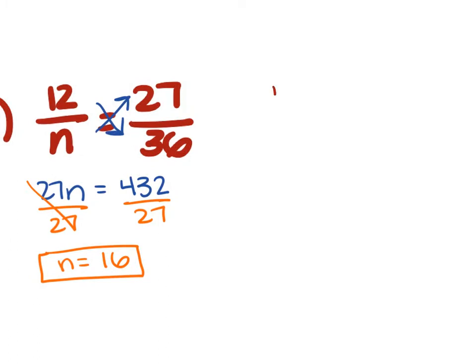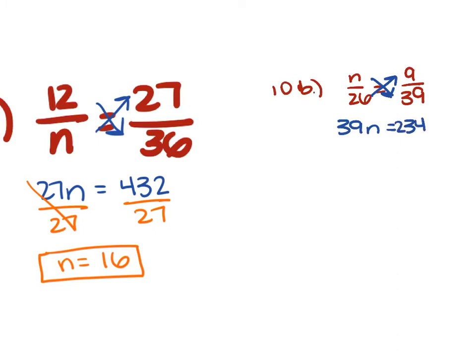For B, we are given n over 26 is equal to 9 over 39. So we can cross multiply these. We're going to get 39n is equal to 26 times 9, which is 234. From here, we are going to divide each side by the 39, and we get that n is equal to 6.